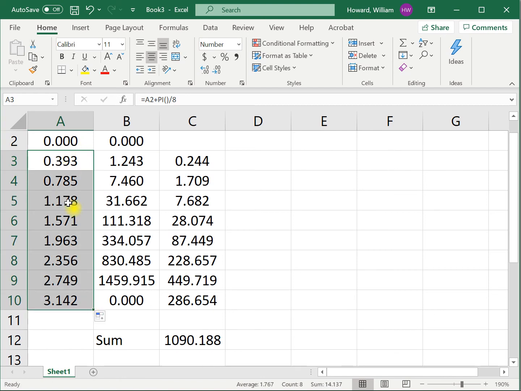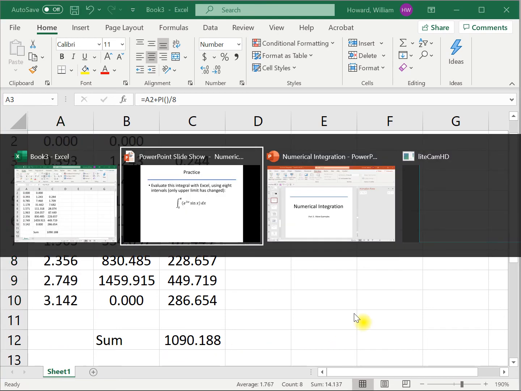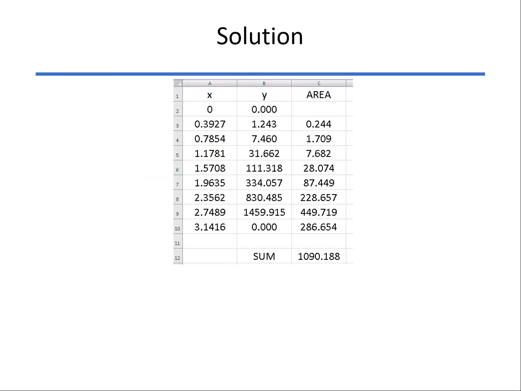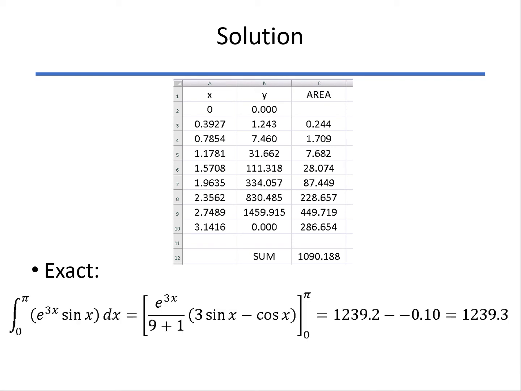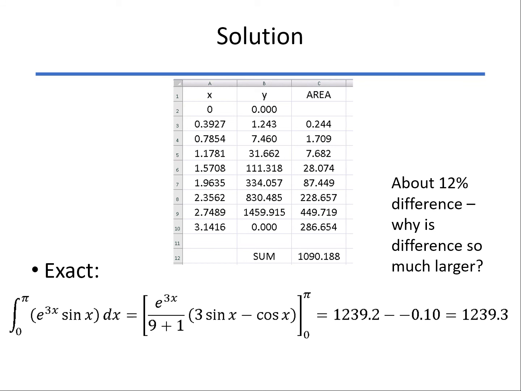And so now we go from 0 to pi, and you can see our number is about 1,090. Now if I do the exact solution for this one, it turns out to be 1,239. So we end up about 12% different here, whereas we were only about 3% different when we looked at a different upper limit.